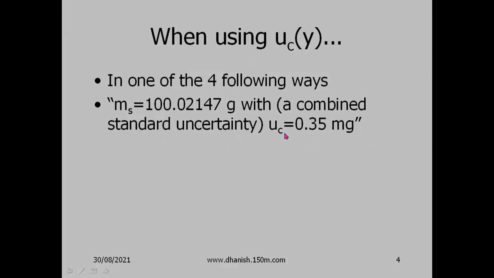Okay, so 0.35 milligram is 0.00035 gram. You can see that the number of digits corresponds to the number of digits in the uncertainty. So this is one method. This is the average and this is the combined standard uncertainty.